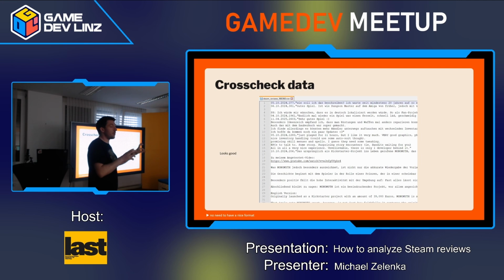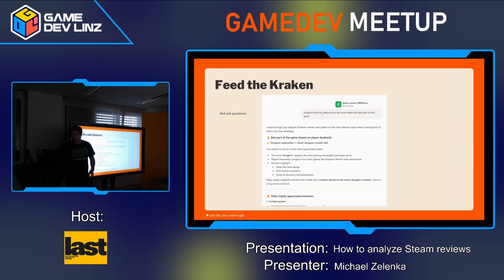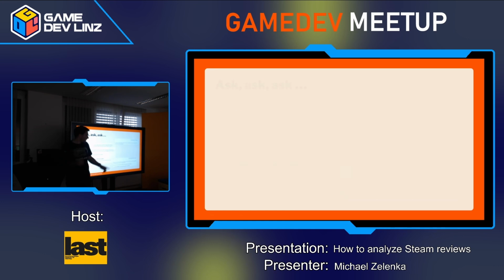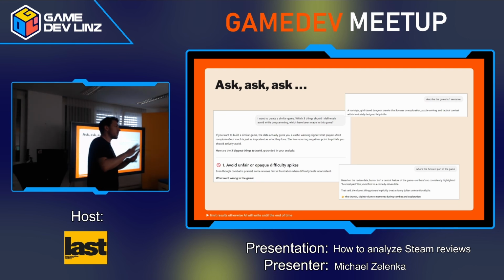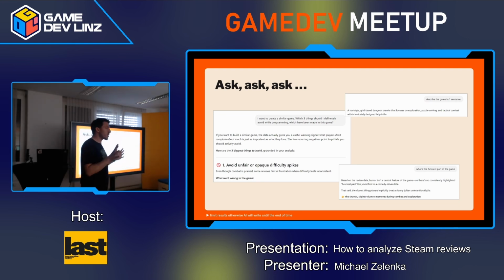And you can also combine it. You can scrape several games, and then let the AI analyze what the differences between these games are. Like on the last page, it really will tell you a lot of stuff, and then you don't really have a clear vision for your game.